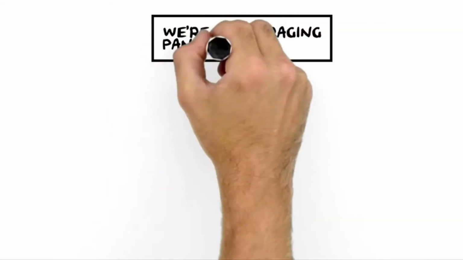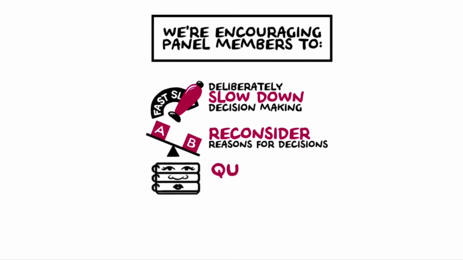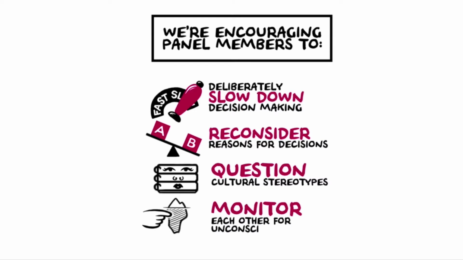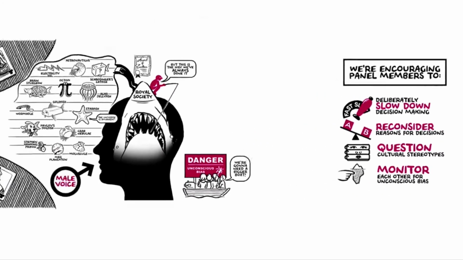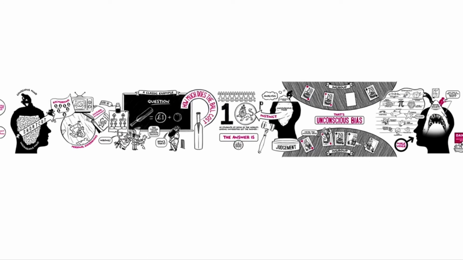We're encouraging panel members to deliberately slow down decision-making, reconsider reasons for decisions, question cultural stereotypes, and monitor each other for unconscious bias. We can't cure unconscious bias, but with self-awareness, we can address it.